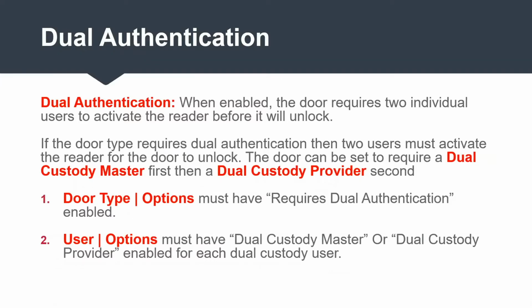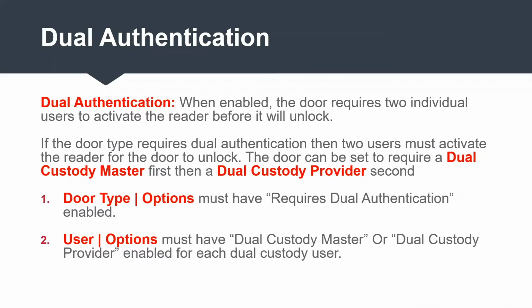This would be in a scenario for something like a high security area, like in a bank, and you don't want just any employee to go in there by themselves, like in a vault. You might have the manager badge in first before the employee is able to badge in. This way it keeps anyone from getting in the door, but it also keeps track of who's letting who in the door.